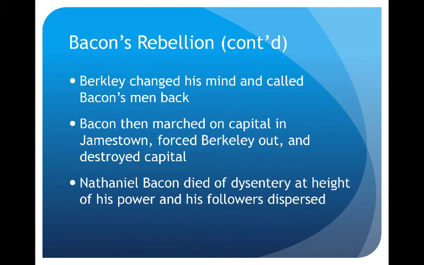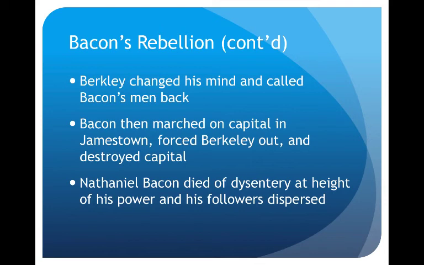So this is a rebellion against the government of Virginia. And towards that end, Bacon produced a pamphlet called A Declaration of the People of Virginia, in which he lays out a number of grievances against the state of Virginia. One was unfair taxes, one was cronyism, and one was they failed to protect colonists from Native Americans.